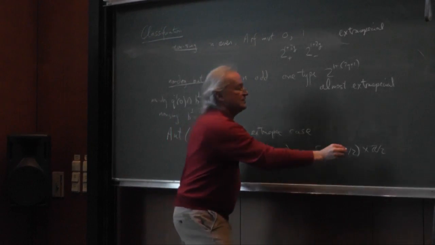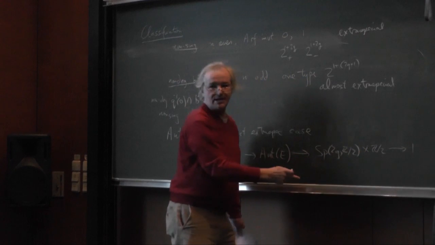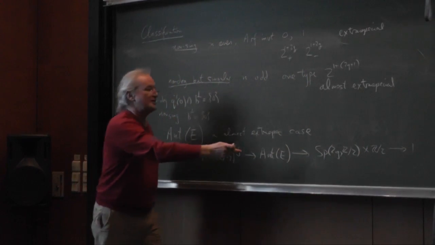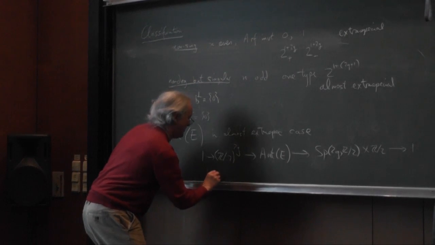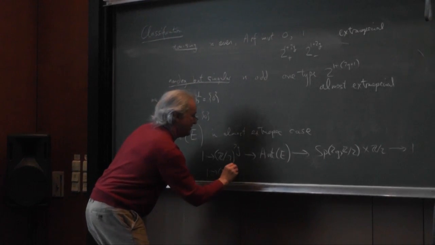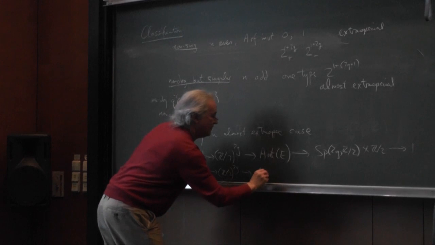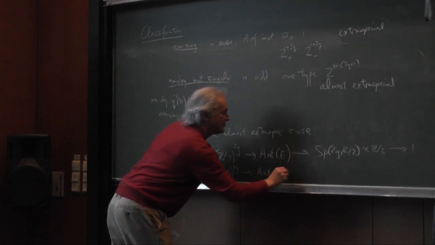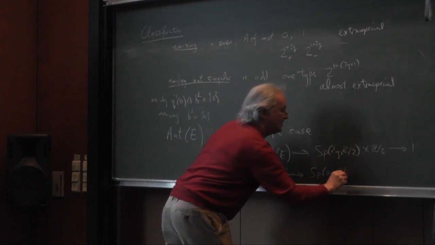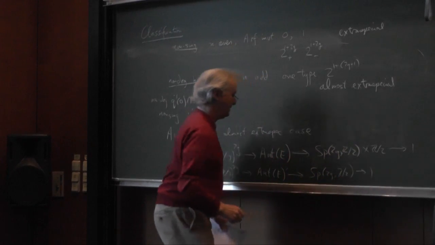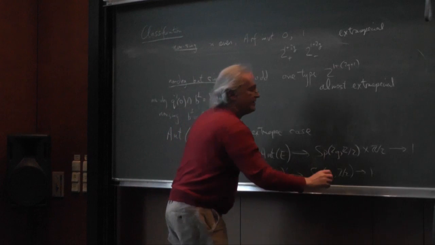We actually want to ignore this extra Z mod 2 because it doesn't feature. So we're going to look at the index 2 subgroup, the derived group, which maps onto symplectic 2g Z mod 2. And this is non-split.